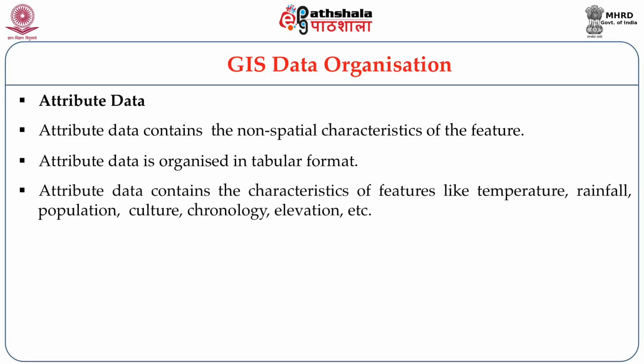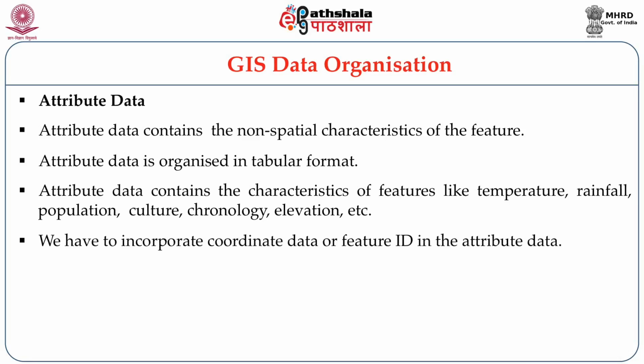Attribute data contains characteristics of features like temperature, rainfall, population, culture, chronology, elevation, etc. We have to incorporate coordinate data or feature ID into the attribute data, to give the information about the placement of the feature, the point or the line or the polygon.